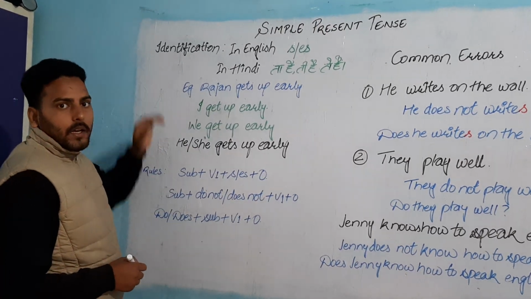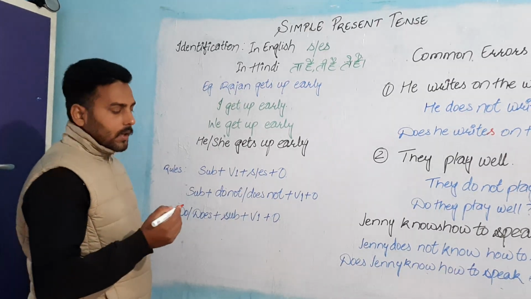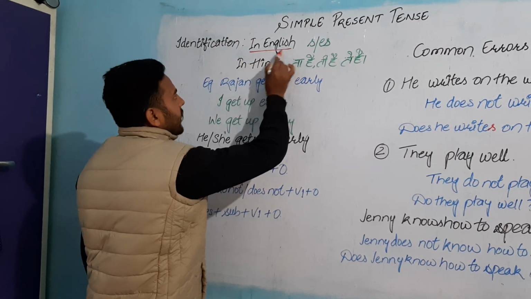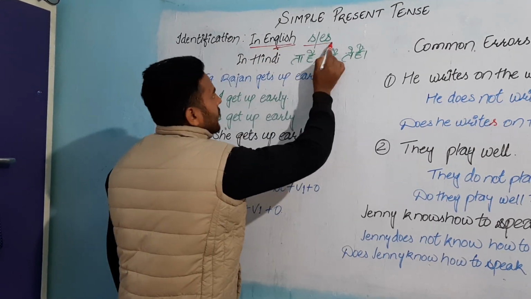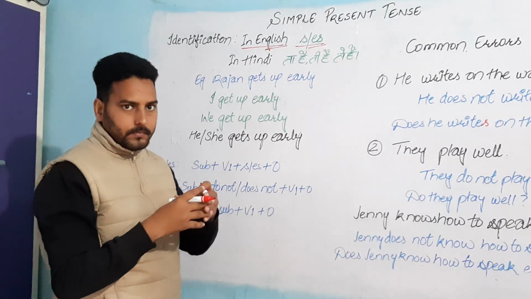Look at here, the identification of simple present tense. In English you will see S and ES, S or ES along with the verb.